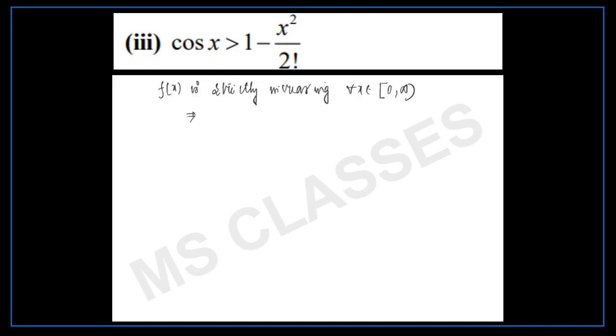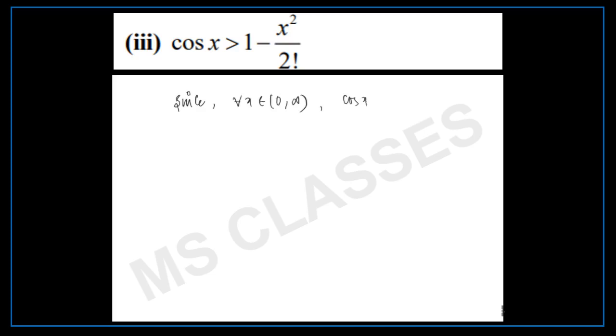So this implies f of x greater than f of 0. Now f of 0 is 0 here. So what we can say is that cos x greater than 1 minus x square by 2 factorial, for all x belongs to 0, infinity.